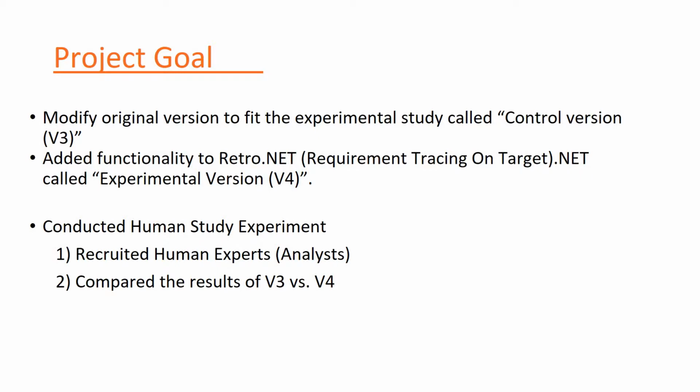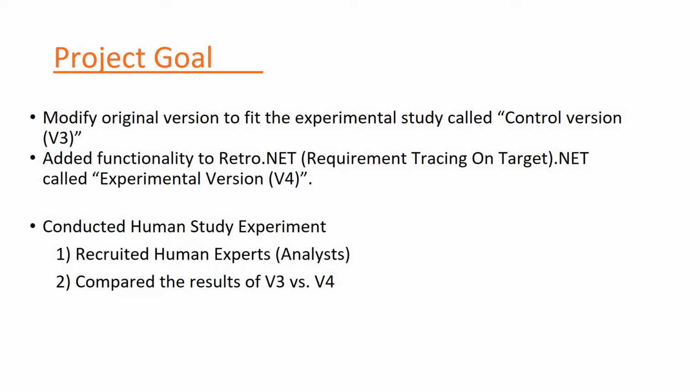I modified the original version to fit our experiment study, and I'm calling that the control version. The other version has additional functionality to assist the user in making decisions during the vetting process. I'm calling that the experimental version, version 4.